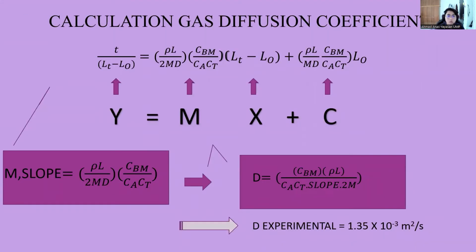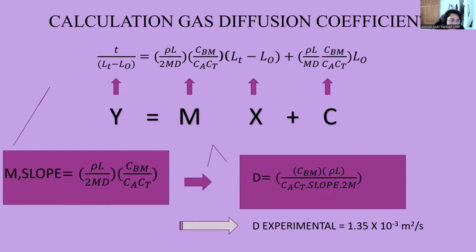This is the calculation for the gas diffusion coefficient, D. This is the formula we get from the lab module for the experiment. This long equation can be split into parts, like y equals mx plus c. When we have done the experiment, we have to plot the graph. What we get from the graph is the gradient m. So we don't have to use this whole equation, but we can use only the part for m, which is the gradient or slope.